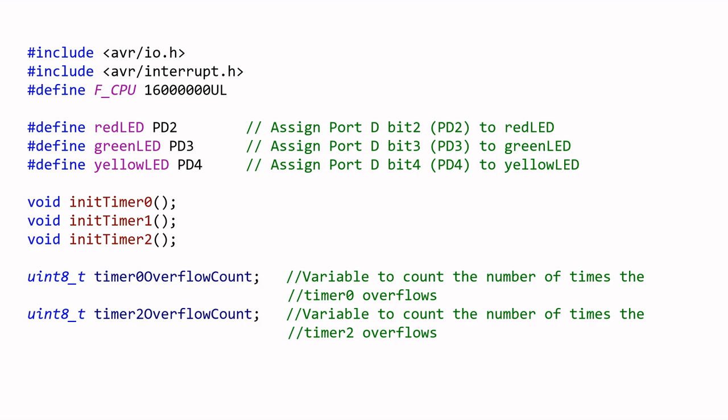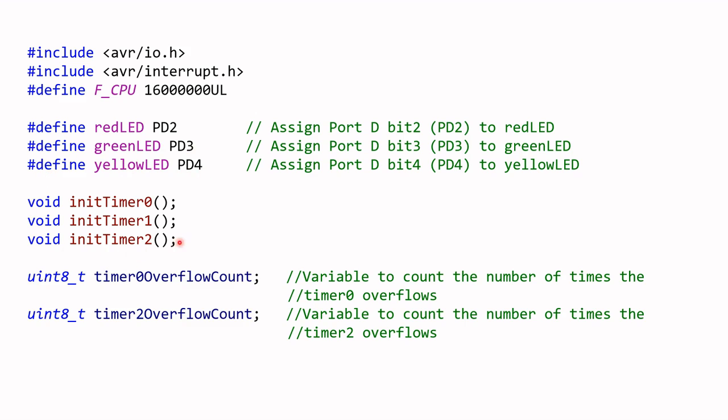The code. Now here are the include and define directives. Here, what I've done is I've assigned a red LED label to port D, bit 2, PD2, the green LED label to port D, bit 3, and the yellow LED to port D, bit 4.